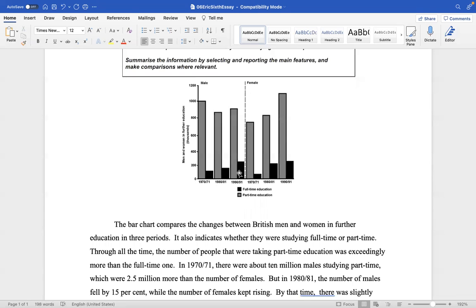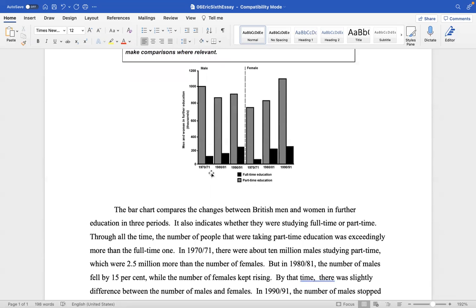Oh man, spinning on my computer, that's not good. Okay. And then if you read that section, men and women in further education in the thousands, is the y-axis. And this is the x, and then we have female over here, and then these are the years.